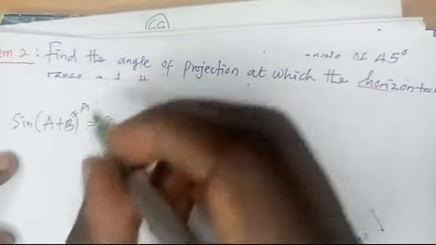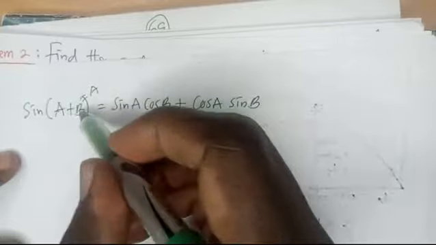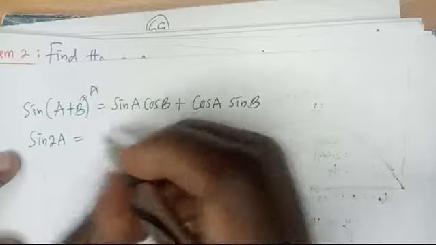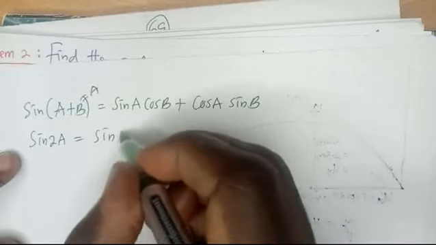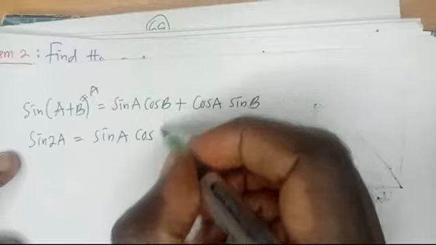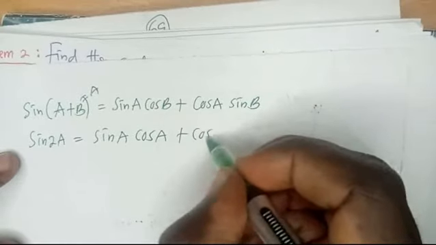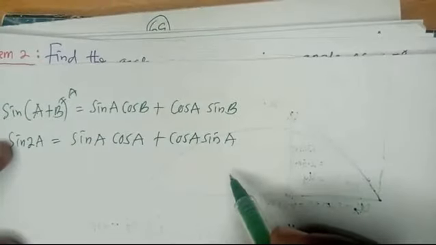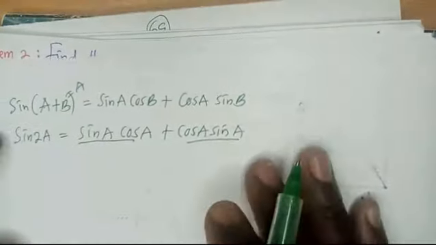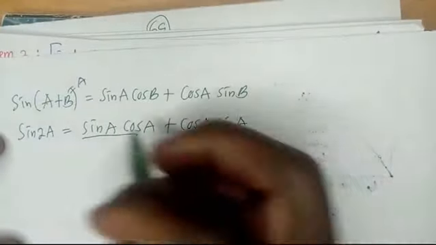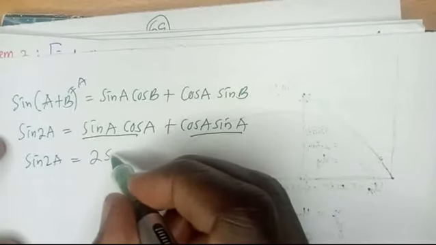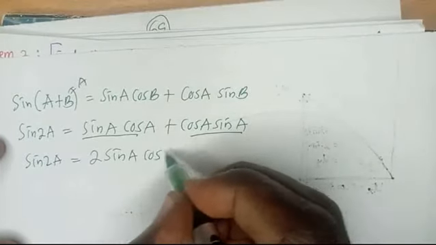Now here, if b is a, then a plus a becomes 2a, so you have sine 2a is equal to sine a cos b, where b becomes a, so a again, plus cos a sine b, also b becomes a, so put a. When you do that, this one and this one are identical, so you can just take one and double it, so you have sine 2a is equal to 2 sine a cos a.